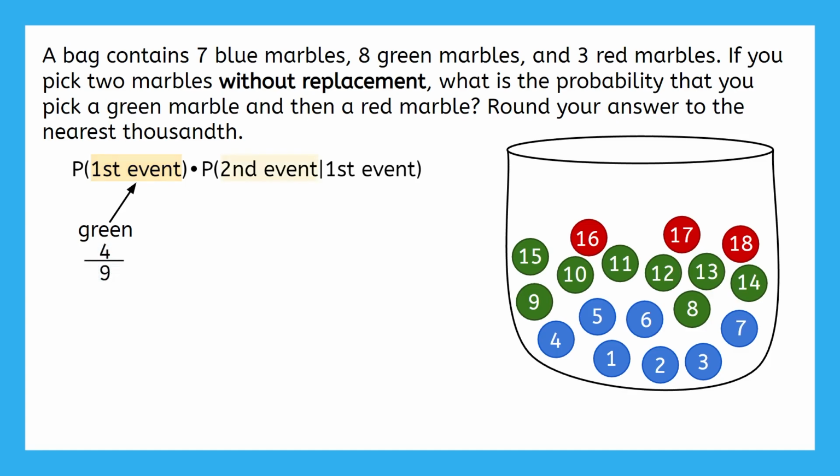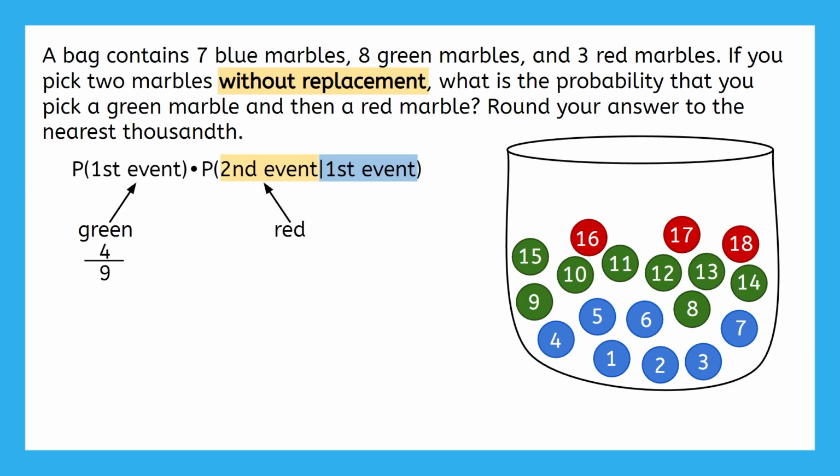What's the second event of this problem? Second, we want to pick a red marble. Now, we have to be careful with our second event because we need to think about how the first event affects it. Remember, this is without replacement, so we are not putting that green marble back into the bag. Would picking the green marble first affect the probability of picking a red marble now?